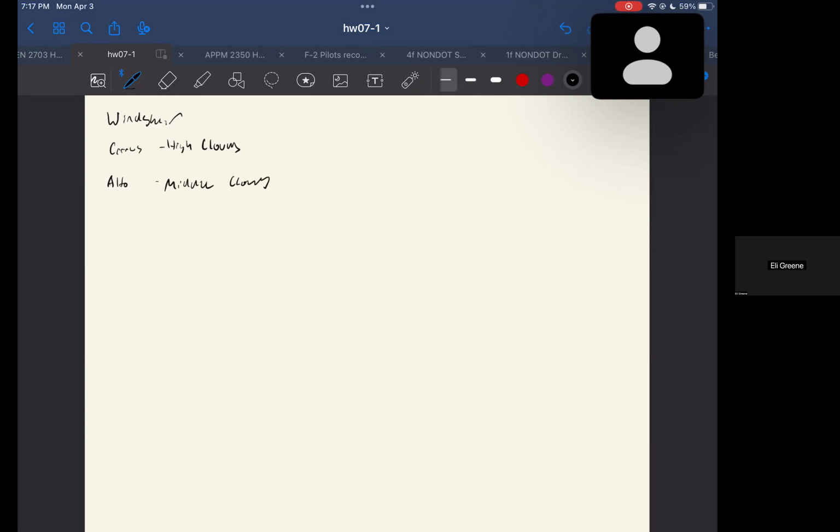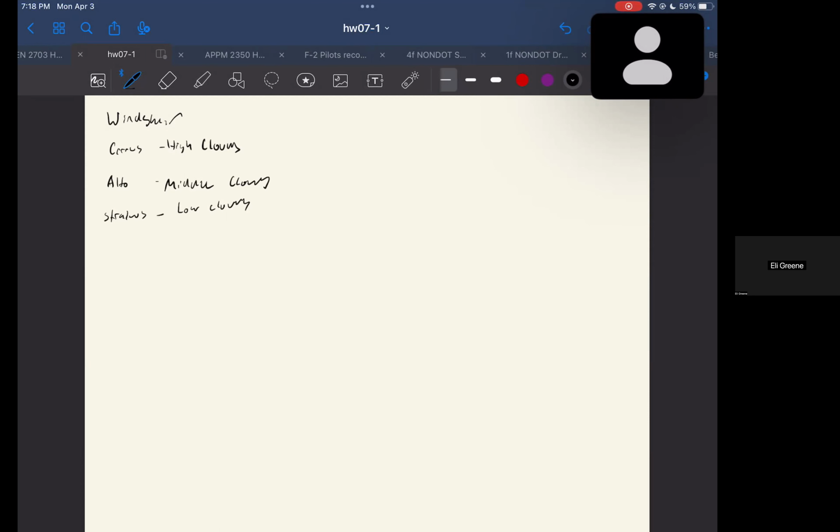And then you have, I guess, stratus clouds, which are low clouds. There's a bunch of different types of these, but we're not really going to go into that because it doesn't matter. If you really care, you can go search them up.